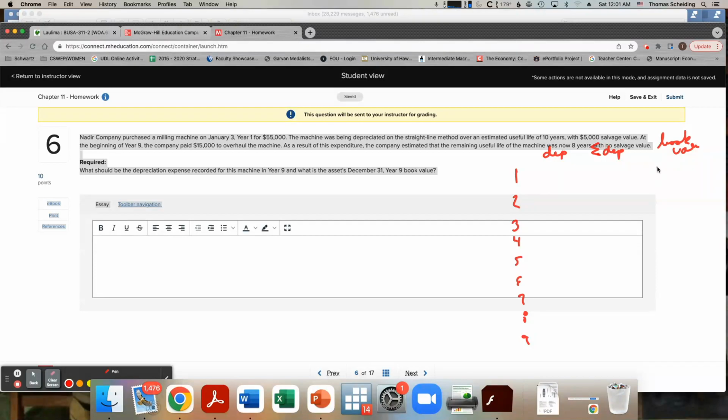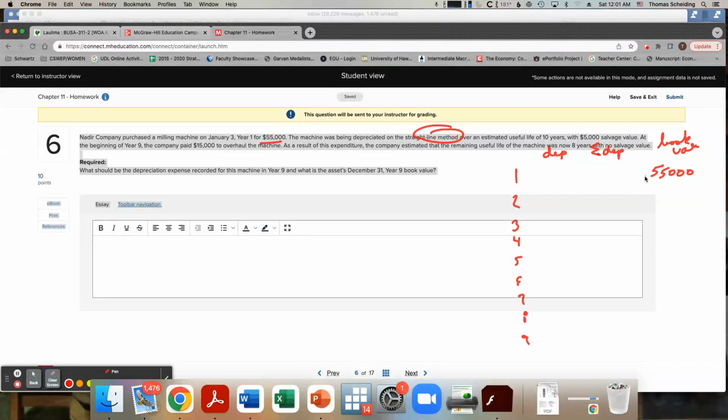So in year one, we're told it's at 55,000. So that's where we're going to start, 55,000. And we're told we have a straight line method, so that means constant.